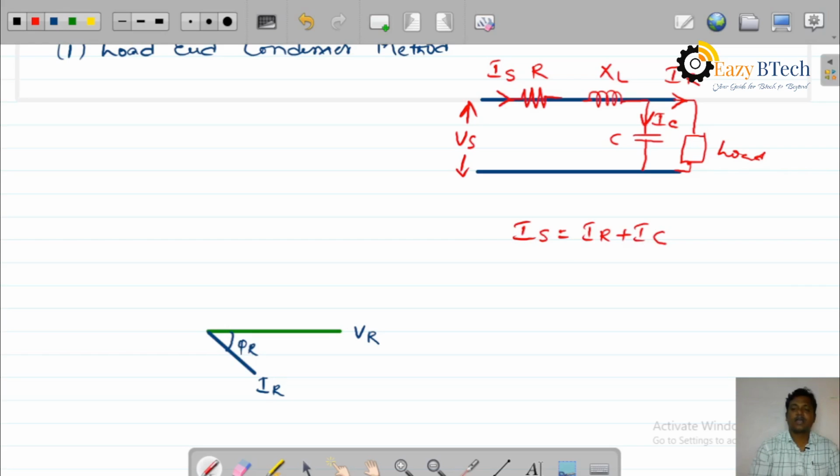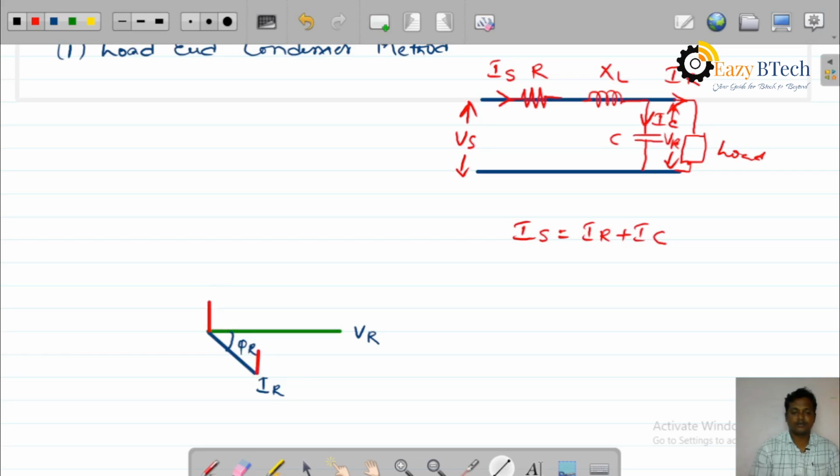IC is the current across the voltage VR, therefore it leads VR by 90 degrees. Therefore, I am taking IC leading VR at an angle of 90. This is IC.